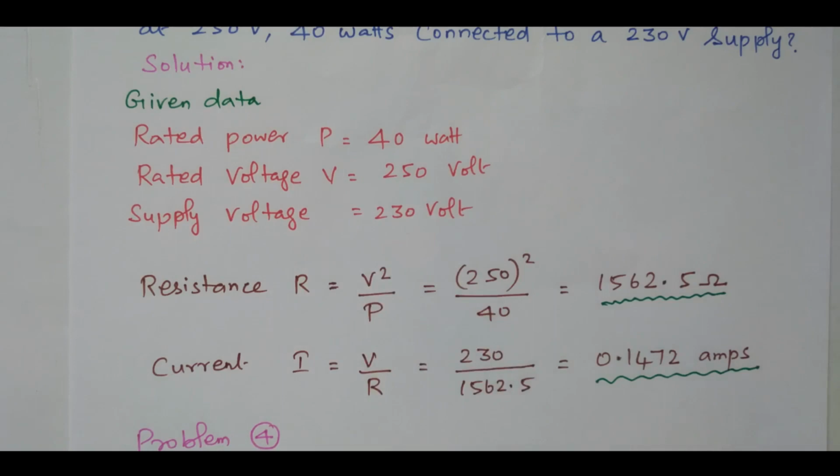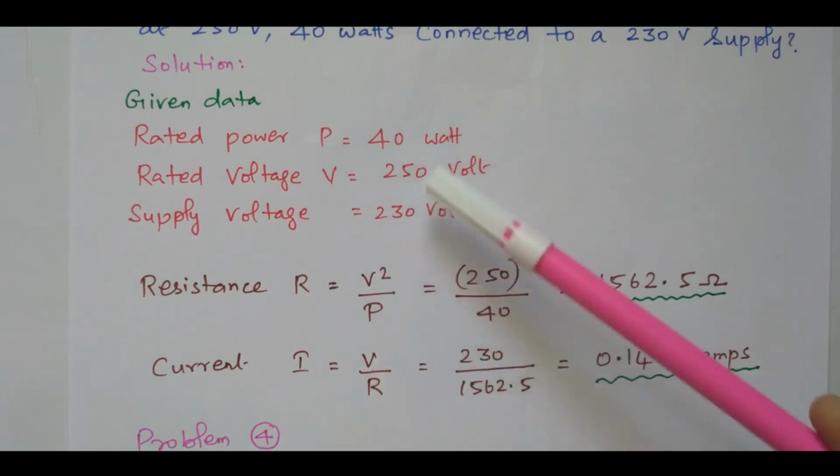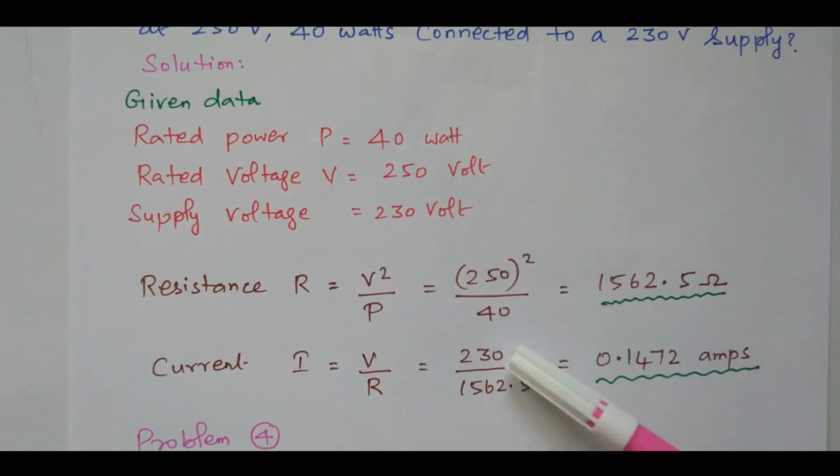Current I equal to V by R. V is the supply voltage 230. 250 is the rated voltage, but the supply voltage is only 230. Resistance we just calculated is 1562.5 ohm, so we can substitute here. V equal to 230, R equal to 1562.5, so that gives 0.1472 amperes. So the current drawn by the lamp is 0.1472 ampere.